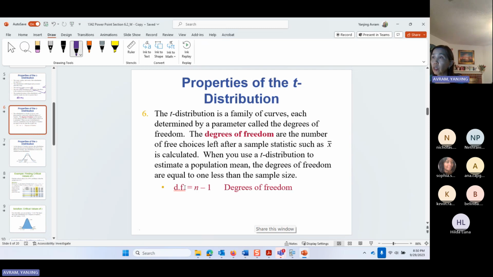All right. So for degrees of freedom, we're using df. This is the number of free choices left after a sample statistic such as x bar is calculated. All right. So for the t distribution, the degrees of freedom is always sample size minus 1, or 1 less than the sample size. Okay. So df is n minus 1.